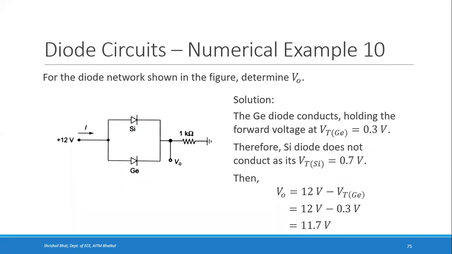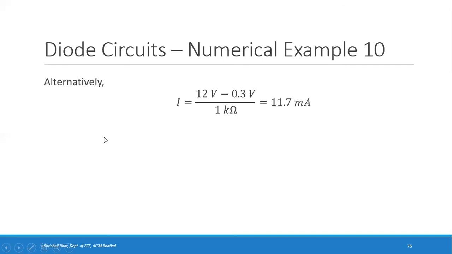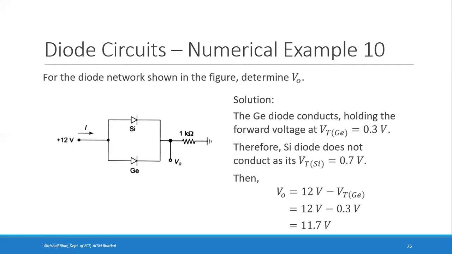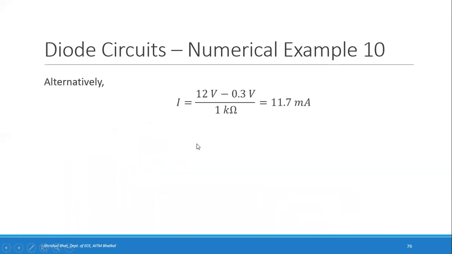The other way you can do it is to find the current and multiply the current with the resistance to get the voltage. What is the current flowing? The current is 12 minus 0.3 divided by 1k. 12 minus 0.3 is 11.7, divided by 1k is 11.7 milliamps.